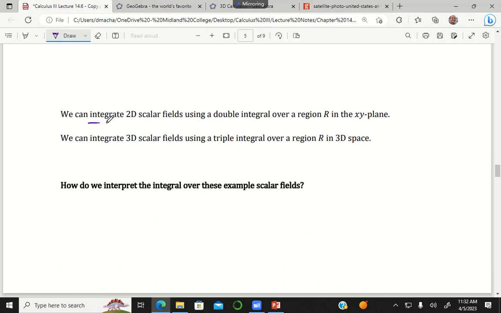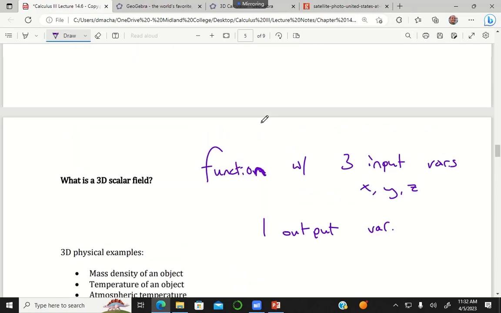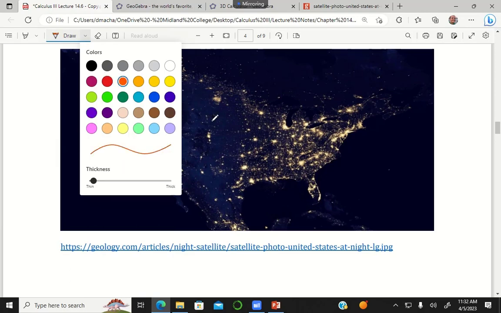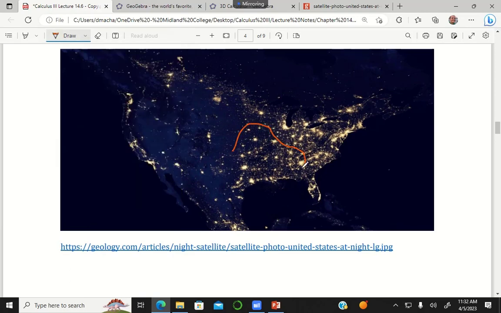We can integrate 2D scalar fields using a double integral, right? So the region we're integrating would be an area in the plane. If you wanted to integrate population density, you choose a two-dimensional region, and then integrating would be basically counting up how many people live inside this region.